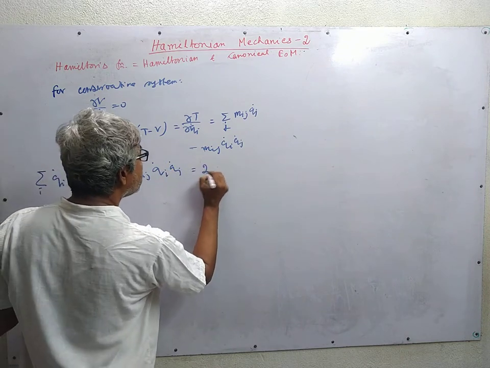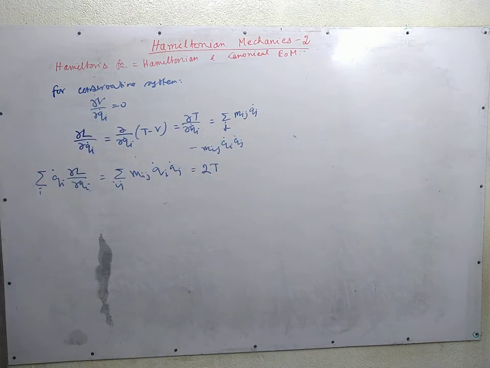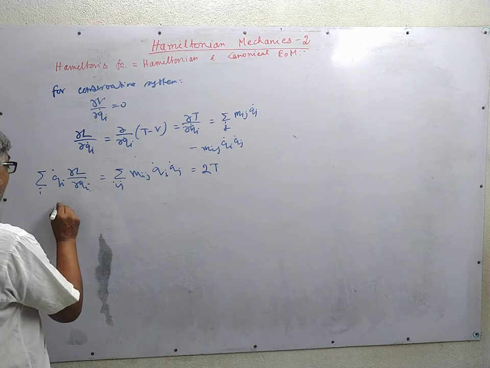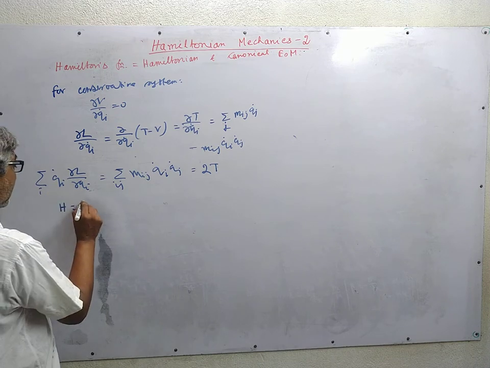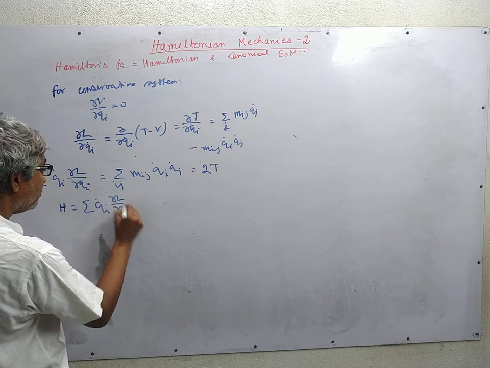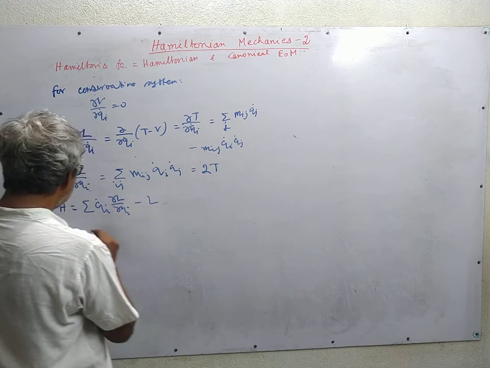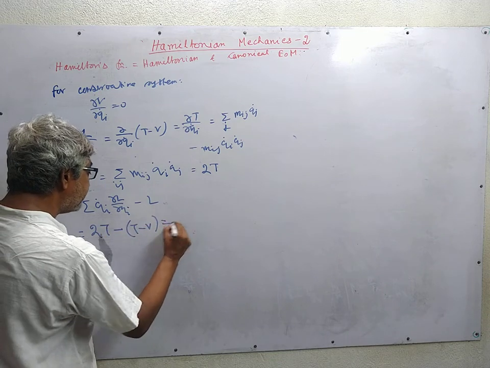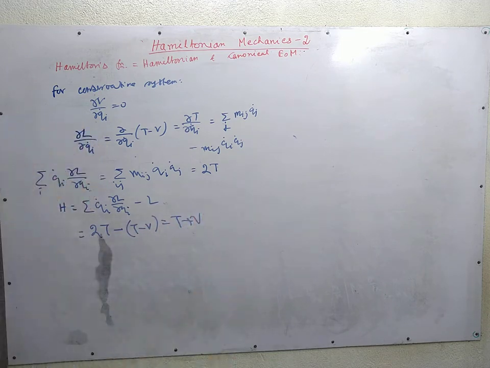This is nothing but twice T, because T was half of this. And in which case the Hamiltonian, which is the summation over Qi dot del L del Qi dot minus L, becomes twice T minus (T minus V), so T plus V.